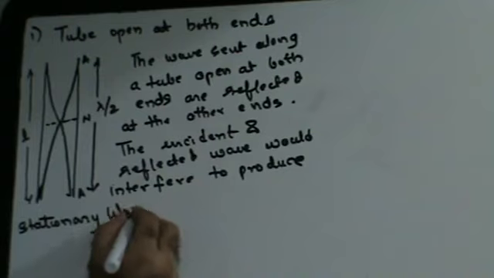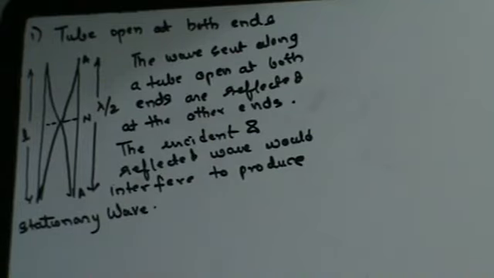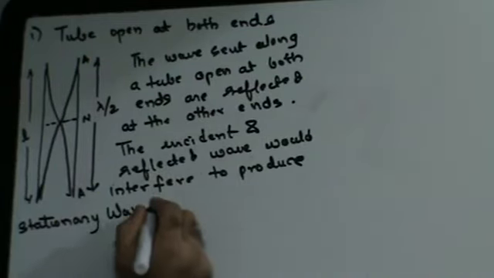So even if the tube is open at both ends, as you send a wave in the tube, the wave gets reflected. The incident and the reflected wave would interfere with each other and would give rise to stationary waves. Finally, we get this in here.